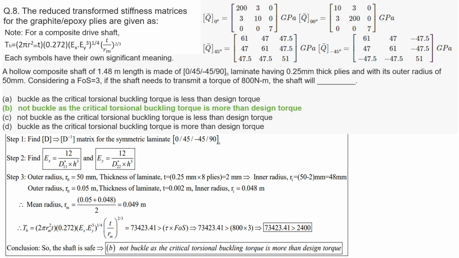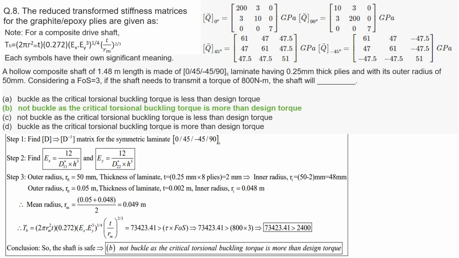So first we have to find the value of the D matrix for the given laminate, that is for 0, 45, minus 45, 90 symmetric. The D matrix equation is also known to us, similar to the A matrix. Here it will be equal to 1 by 3 times the summation of the reduced stiffness matrix into the position of the lamina and their cube.